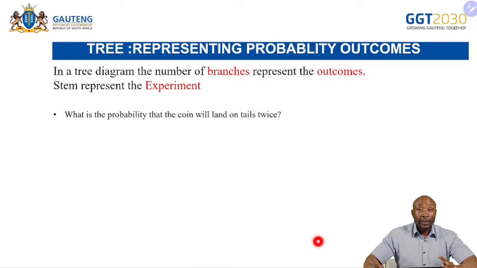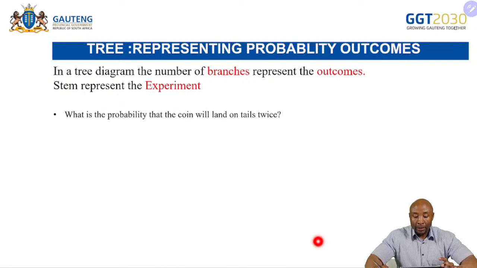Now I want us to look at tree diagrams as a way of representing probability outcomes. I know we know a normal tree with roots underground that we can't see. There is a stem, there are branches, there are leaves, there are fruits on a tree.